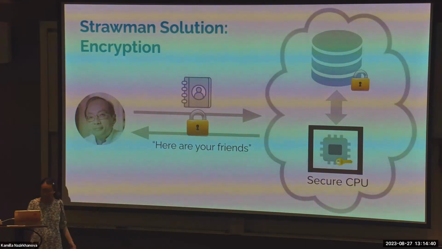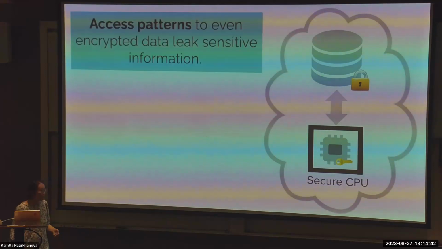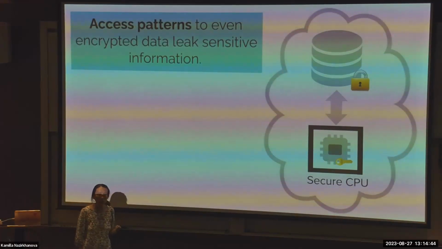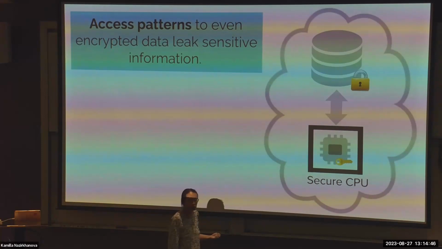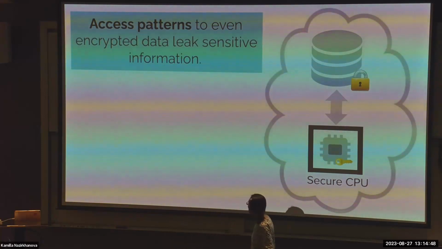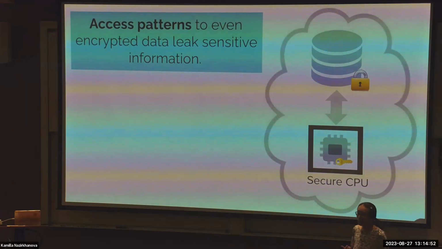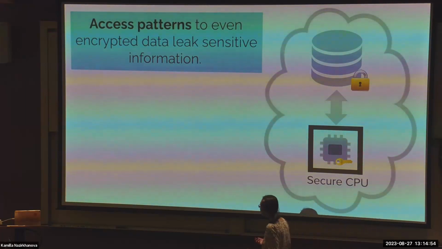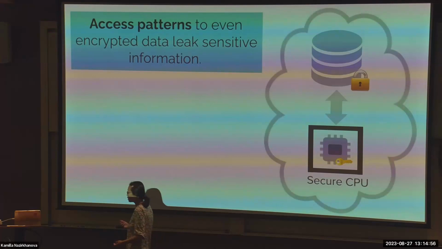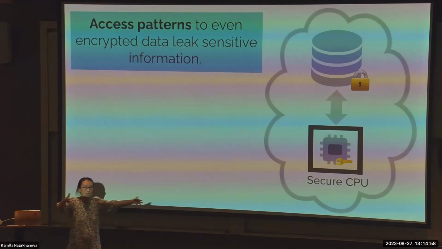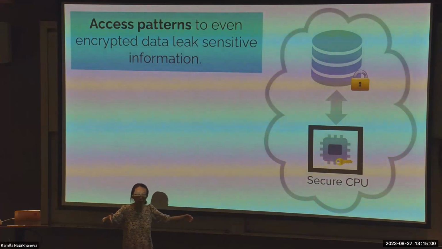It may seem like this would solve the problem, but it's actually well understood that encryption alone is not sufficient for ensuring privacy. In this particular case, access patterns to even encrypted data can leak very sensitive information. Here's why. In this application, you have this large database sitting in memory and on disk.